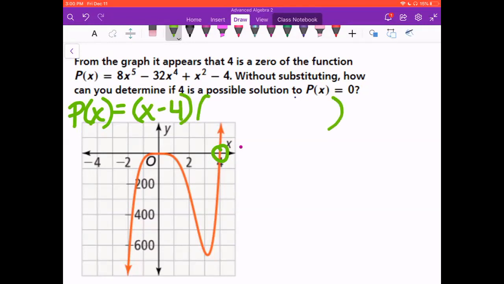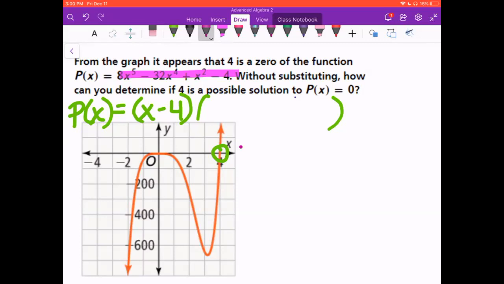Well, I can check with division, because if I divide p of x by x minus 4 and get a remainder of 0, then p of x does factor into x minus 4 times whatever would be left. So let's try some synthetic division. I'm dividing by x minus 4, so I put a positive 4 in the little box.